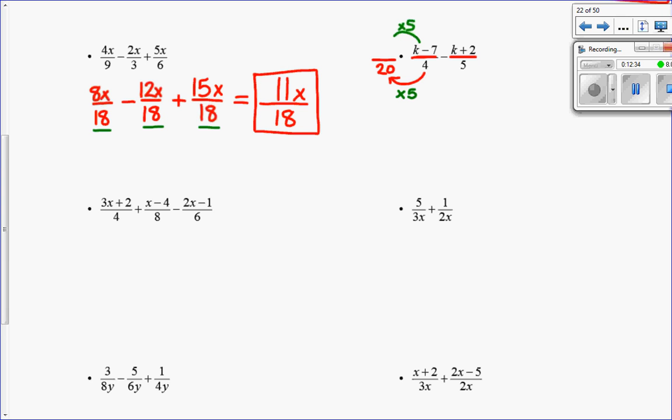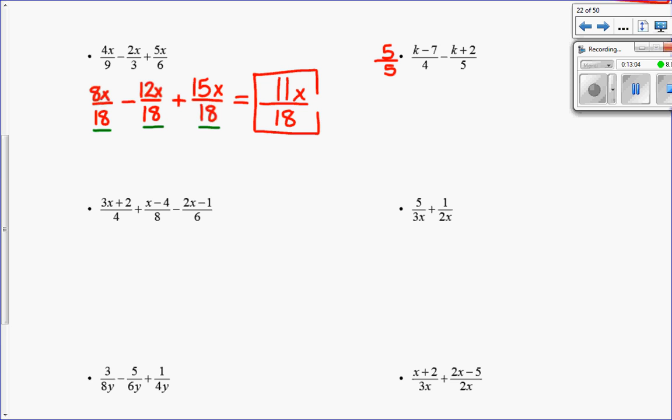But when I do that, I have to remember that I'm multiplying both the k by 5 and the negative 7 by 5. Okay, so really what I'm doing is multiplying the numerator by 5 and the denominator by 5. Okay. I can write that this way. I'm multiplying the numerator by 5 and the denominator by 5. This is a fraction, 5 over 5. And 5 over 5 actually equals 1, right?